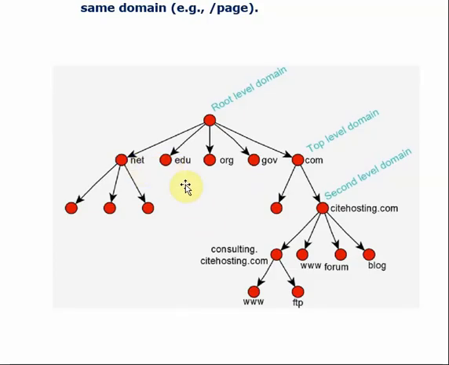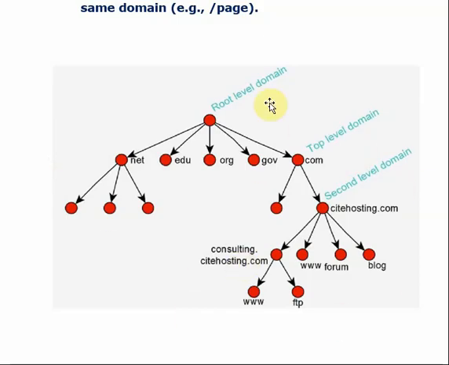Similarly net, org, non-profit organizations, government-related organizations, commercial, likewise it is divided. These are known as top level domains. In addition to this, we get top level country code domains as well. Sometimes you get LK for Sri Lanka, IN for India, AU for Australia, US for United States. Then we can go and register under those as well.